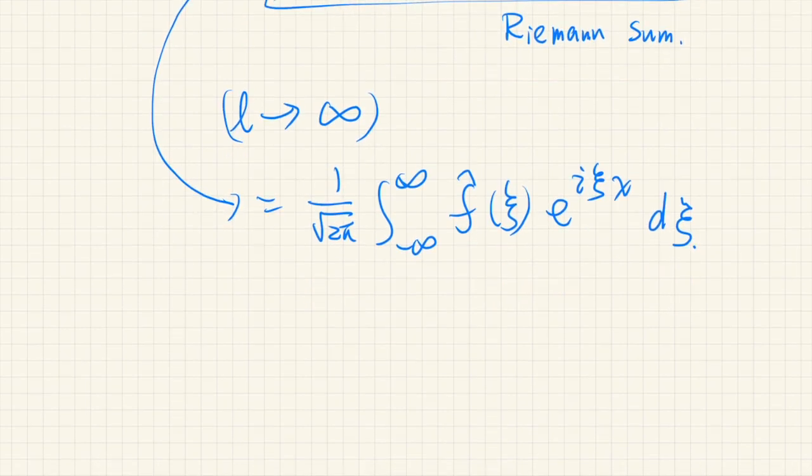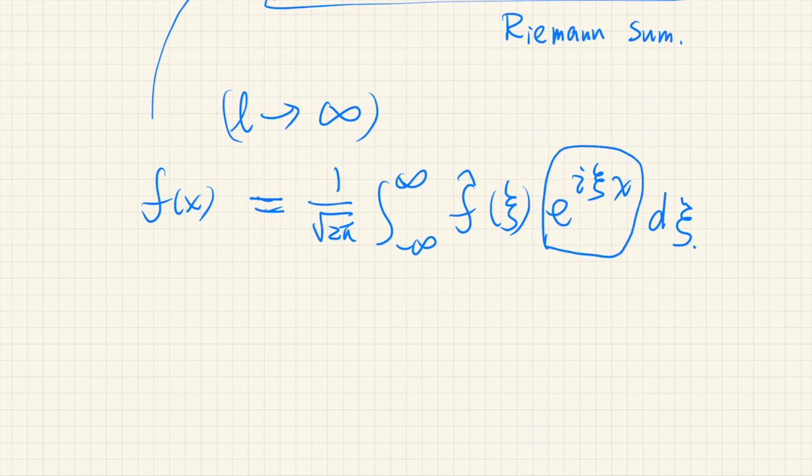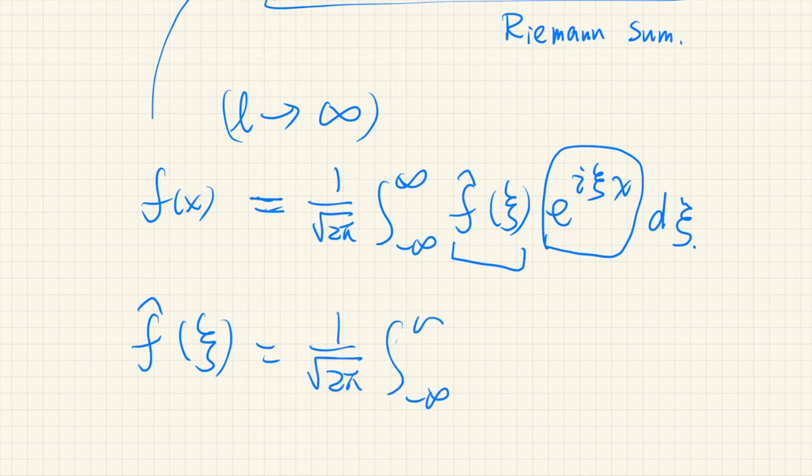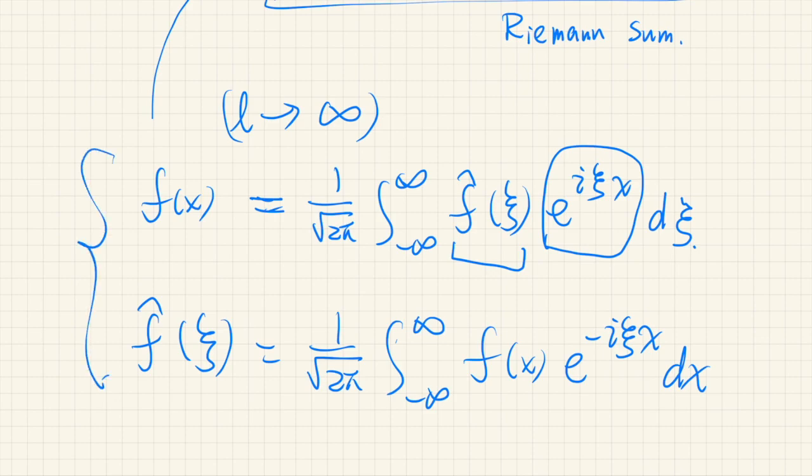So to summarize, we have f of x represented as a linear combination of infinitely many functions of this form, with coefficients f hat, where f hat of xi is this integral of f of x times exponential of negative i xi x dx. So this is a generalization of the Fourier series to non-periodic functions, or any functions in general.